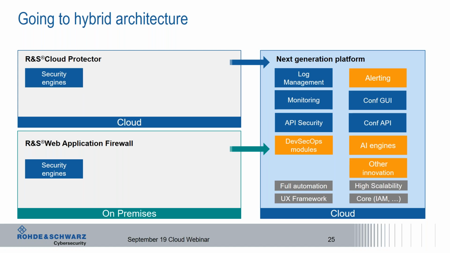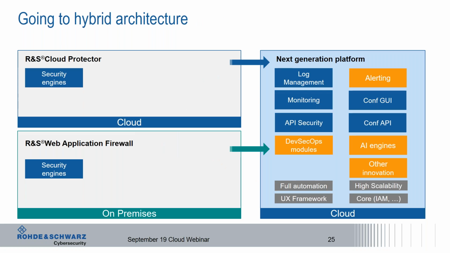And for you as a customer, it will be much easier to manage, because almost all the updates will be done by ourselves, and you will only take the update on the security engines if you are on premise, and nothing if you continue to rely on Cloud Protector.